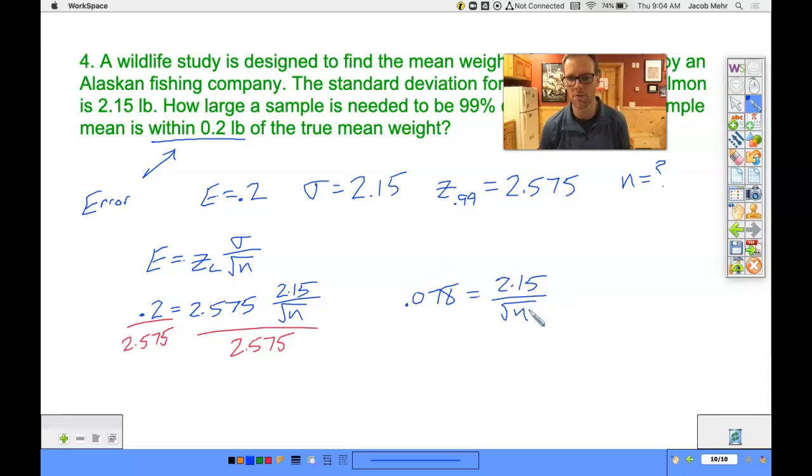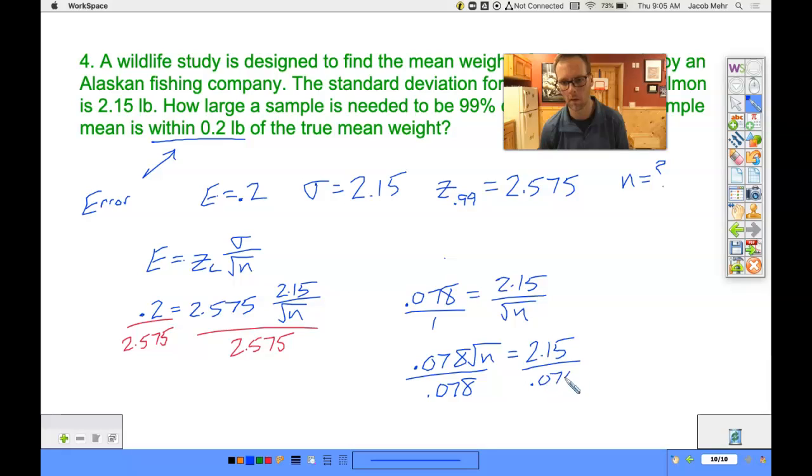Now, how do we solve this? Remember, that n's down in the denominator, and if I rewrite this as a proportion, I can use a cross product. Okay, so 0.078 times the square root of n equals 2.15 times 1. And I'm going to divide by this 0.078. That's going to cancel these out, and then I can square it to get to the n.